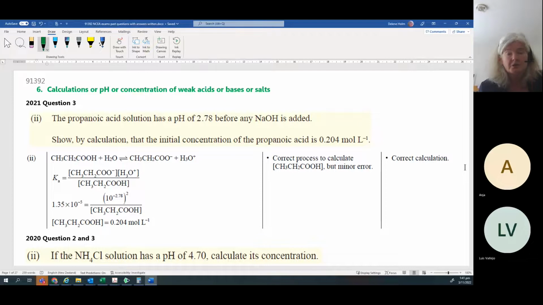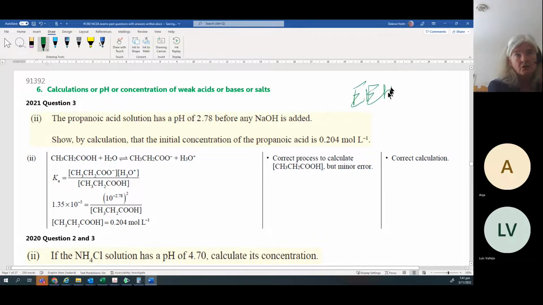The way you would do it is, remember my EQ method, always do the equation first to make sure you've got the correct expression before you do the calculation. So there's the equation, and because you've got the equation, you will now write the expression, the products divided by the reactants. Now, of course, the water being a liquid, you go.